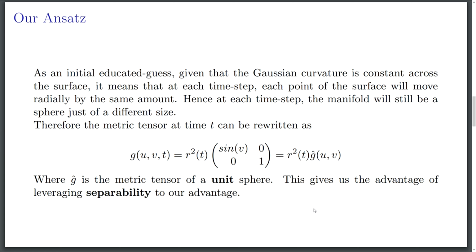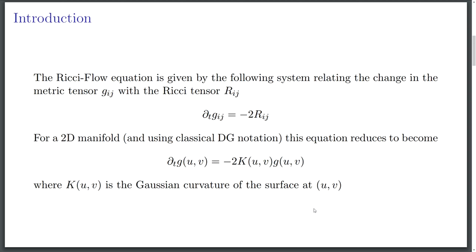Given that, one should expect that under Ricci-Flow, since everywhere has the same Gaussian curvature, the manifold should change radially by the same amount, right? Because that's what the differential equation tells us. The rate of change of the metric is proportional, in our case, to a constant times the metric, obviously, but whatever.